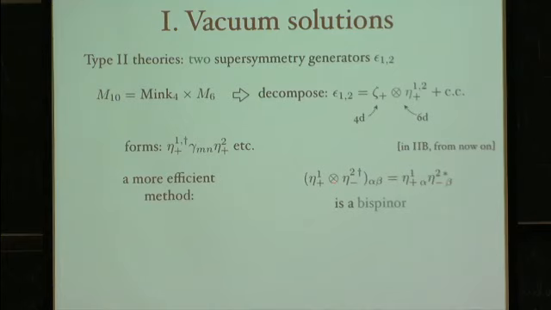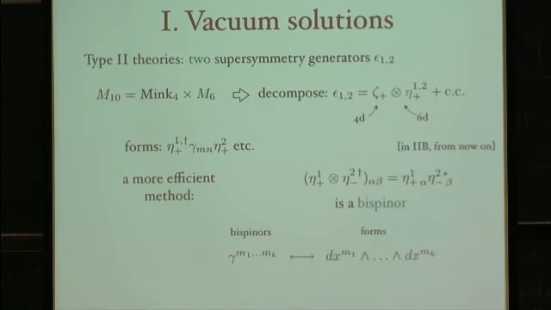So what you do, instead of taking all these bilinears, you take the mother of the bilinears, which is this bispinor here. This tensor product just means that I'm considering the product of two spinors, and that's an object with two free spinorial indices. So it's a bispinor.